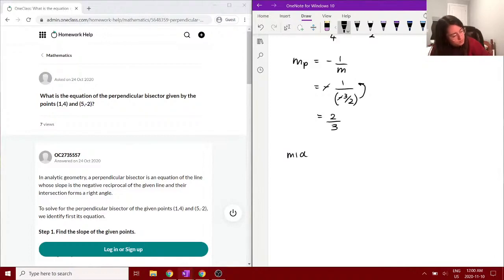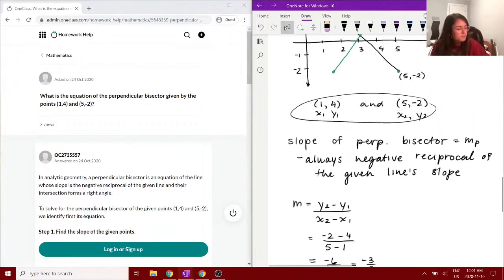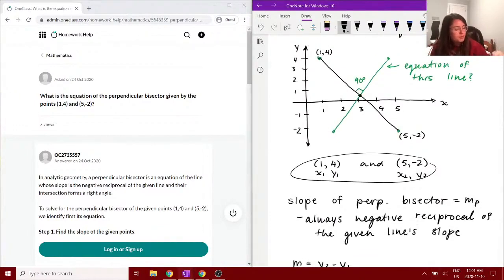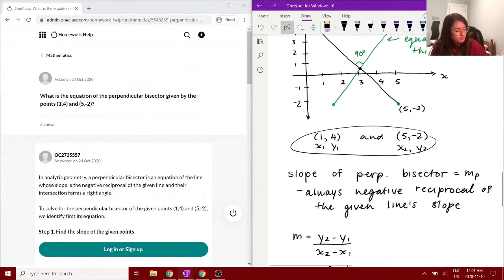Midpoint: we take the average of both the x values, x1 plus x2 divided by 2, and both of the y values. So that's the average of the x values and the average of the y values.